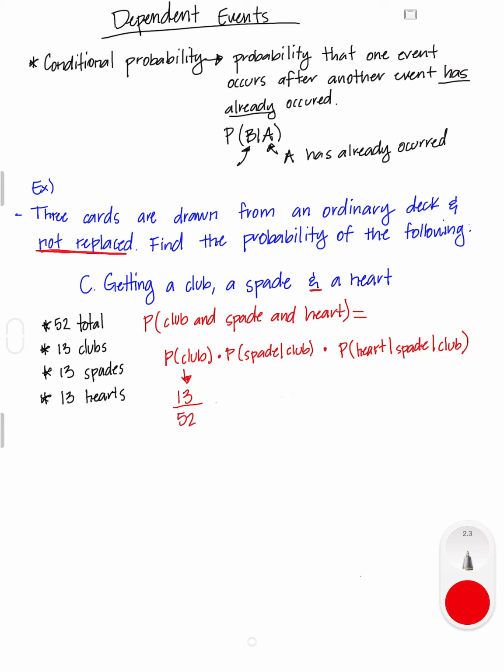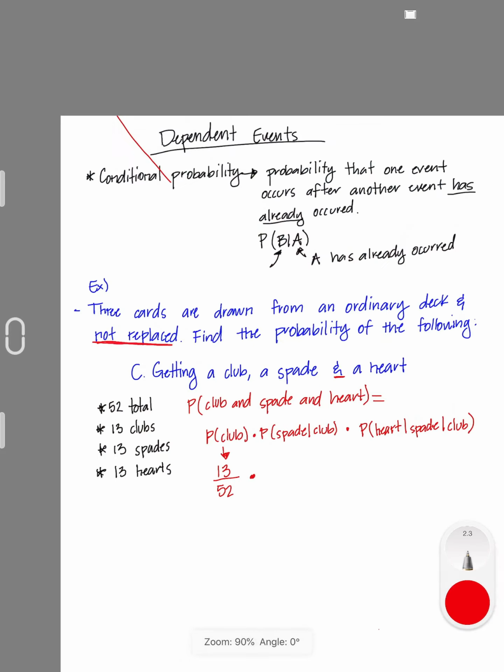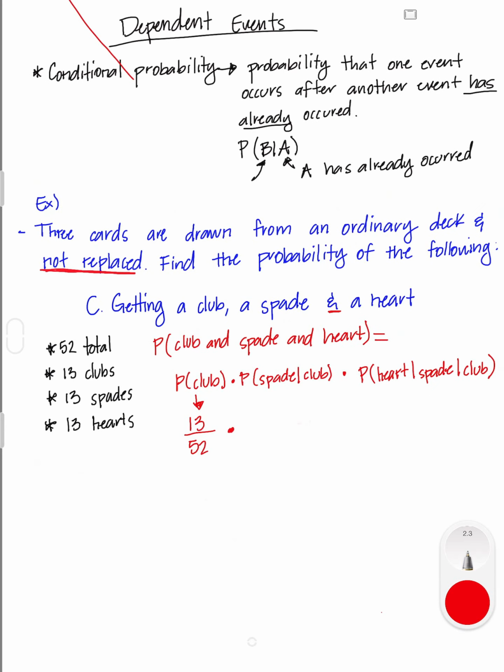Okay, so again, the probability for a club is basically the number of clubs over the total number of cards, so that would be 13 over 52 times the probability of finding a spade. It's 13 out of 51. We have 51 because we had already taken one of the cards out, right?